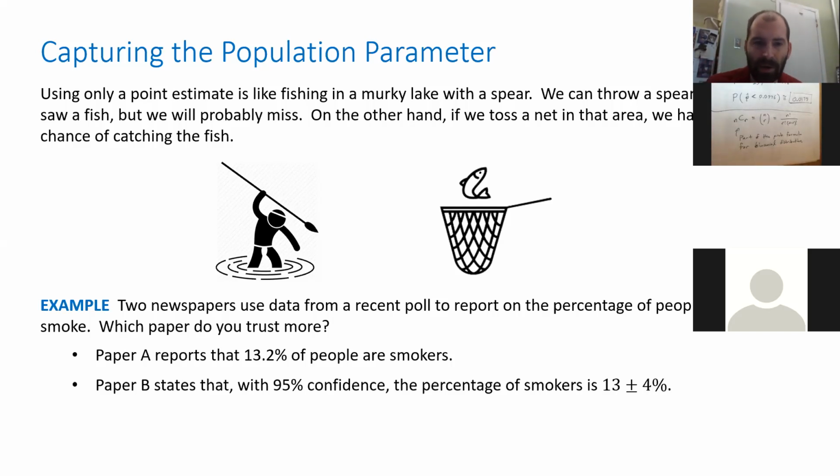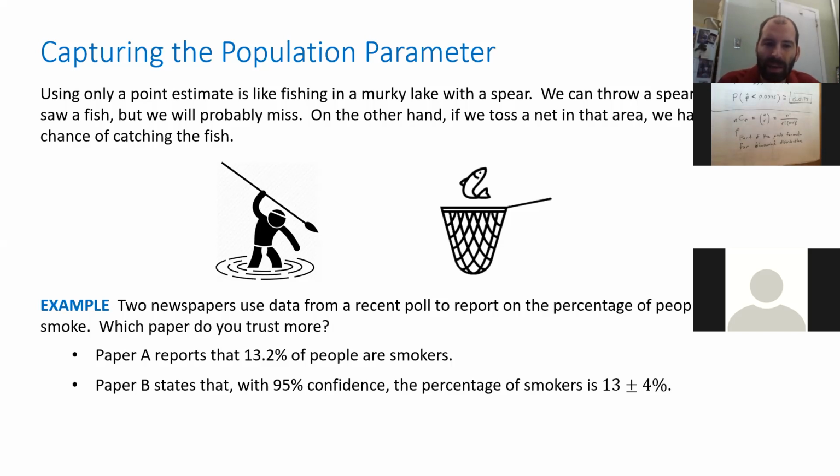However, when you think about it, this is from a sample. It's from a poll. So we know that samples generally aren't going to give you the true population proportion. It's just going to be an estimate.